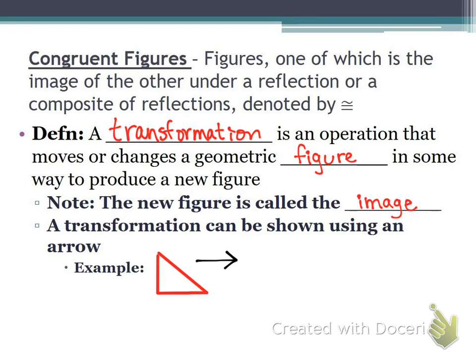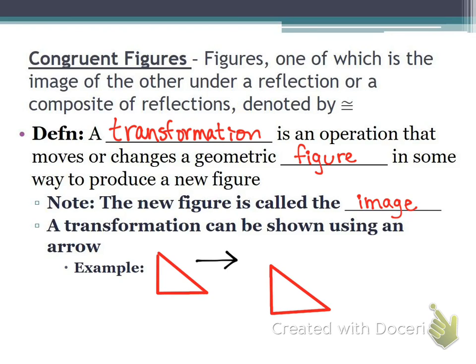And we might show that we moved it down slightly. Ideally, or in your textbook, they will be the same exact size. They'll just be moved a little bit. They could be flipped over, turned around, flipped upside down. We'll see all those sorts of examples. If you look below into those boxes, you'll already see some of them shown there.